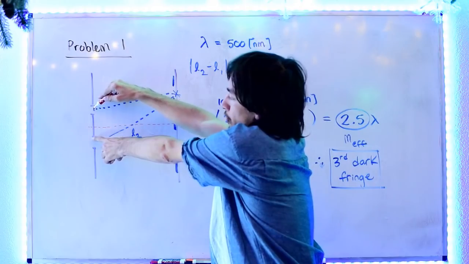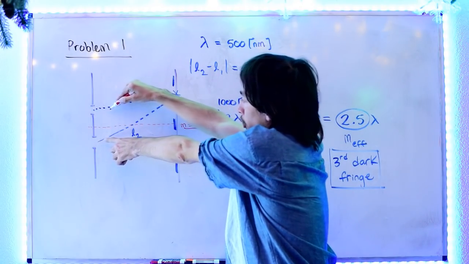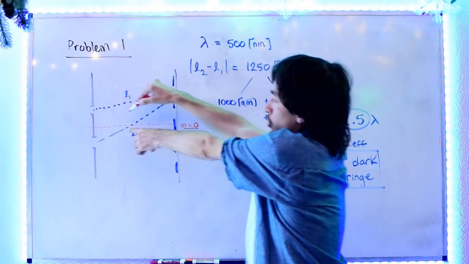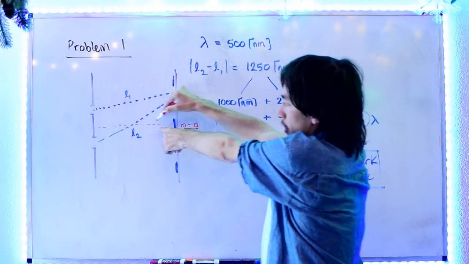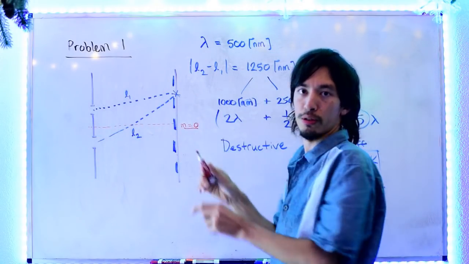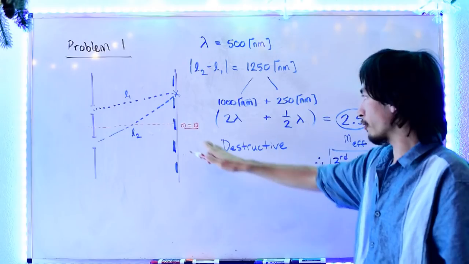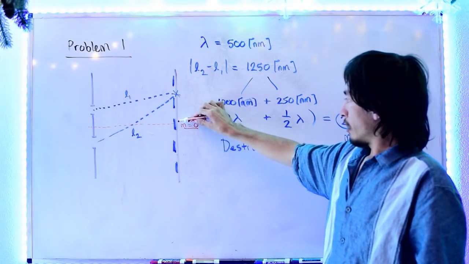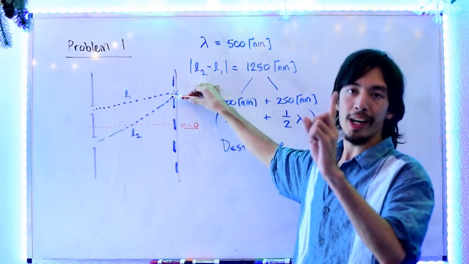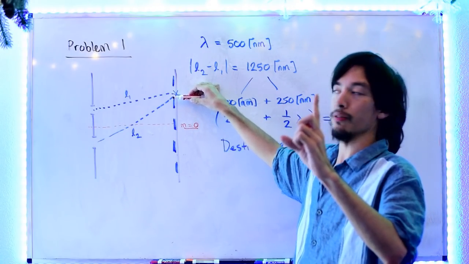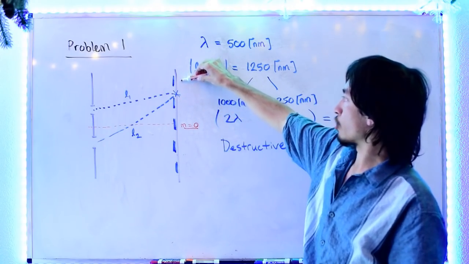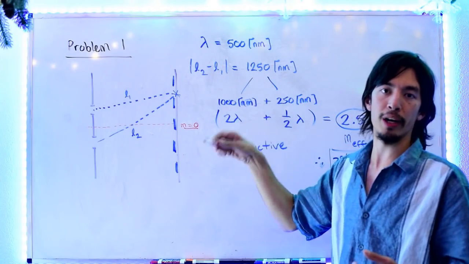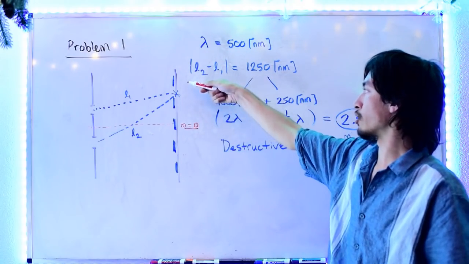The two paths from the two slits are symmetrical to the center, so they have the same distance to that center bright spot. So there's no extra distance, and therefore there's no extra number of wavelengths that fit in. But then for each successive bright spot, you get one extra wavelength in the path difference. 1 lambda, 2 lambda, 3 lambda for all the bright spots. So you get m equals 1, 2, and 3.